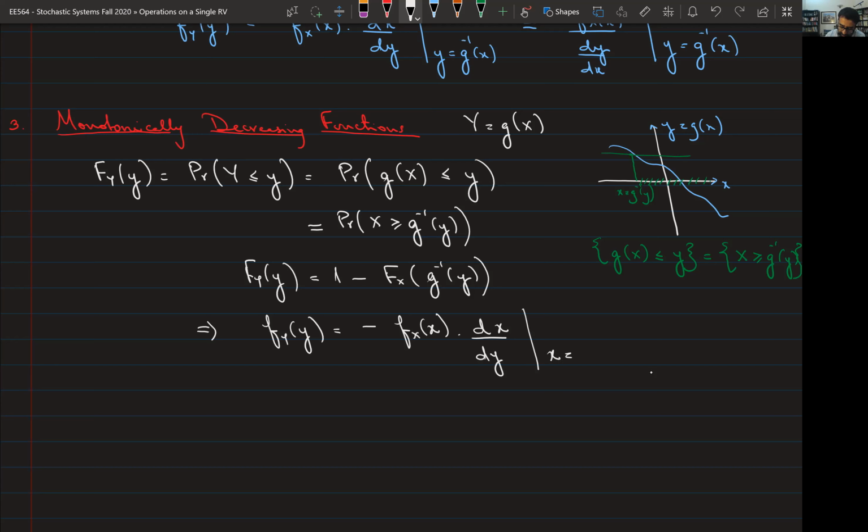This is x equals g inverse of y. The ideas are exactly similar to what we did before, except that you have a negative sign involved. That's the only difference. A little bit more thought reveals that this must therefore be equal to minus fX of x divided by dy by dx evaluated at x equals g inverse of y.